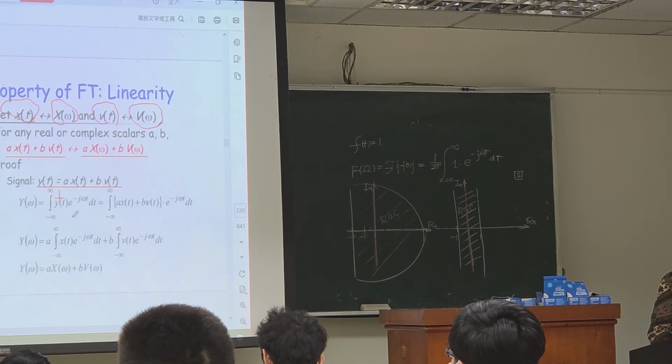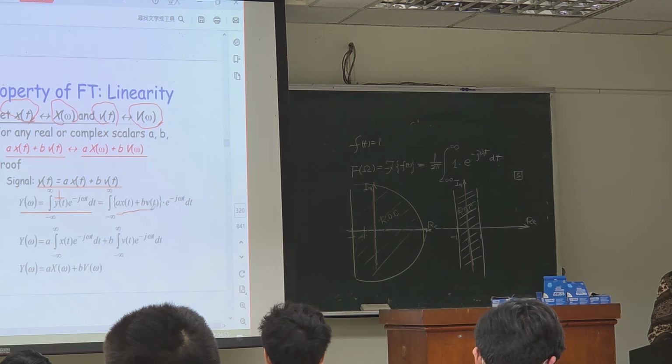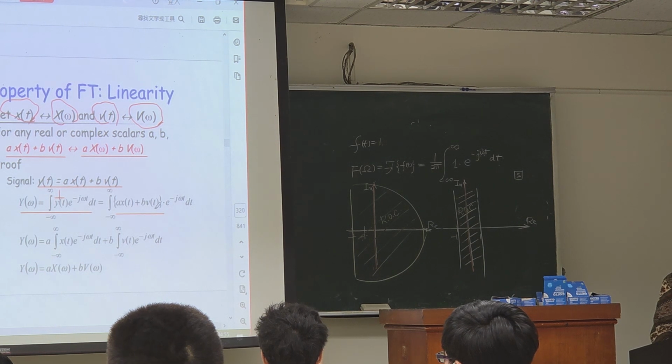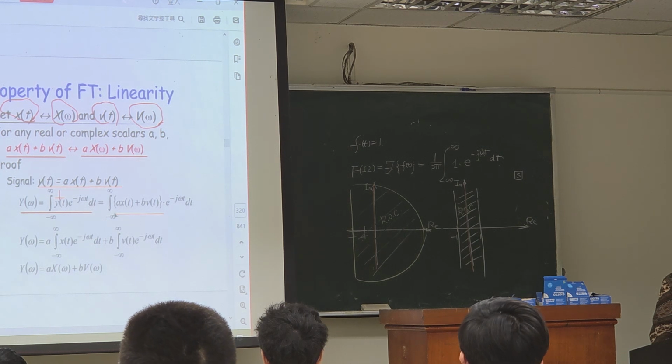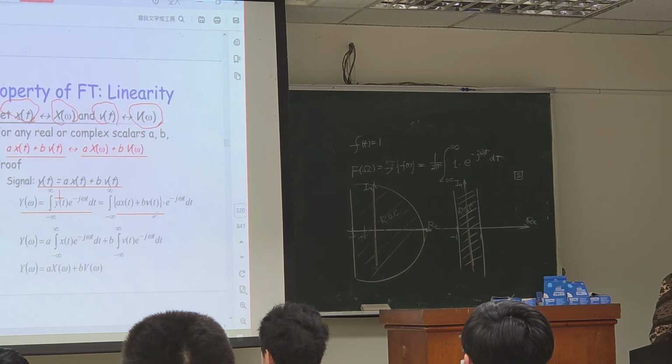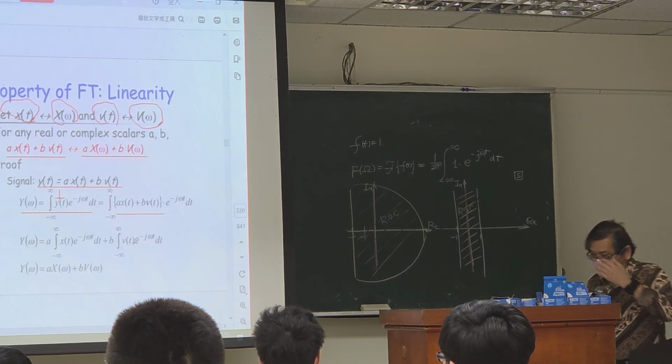So this is the definition for the Fourier transform. And replace z of t by a times x of t plus b times v of t. And then I can split this integral into two terms. Again, a catch here.